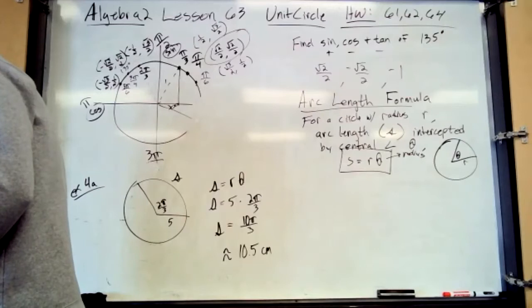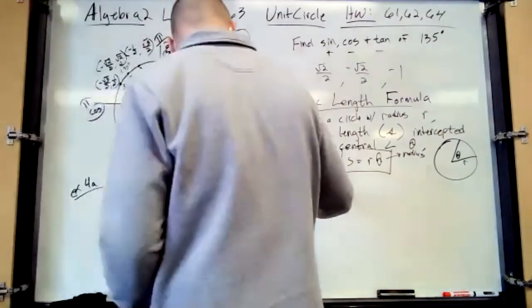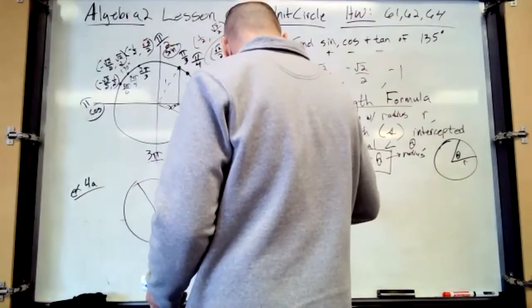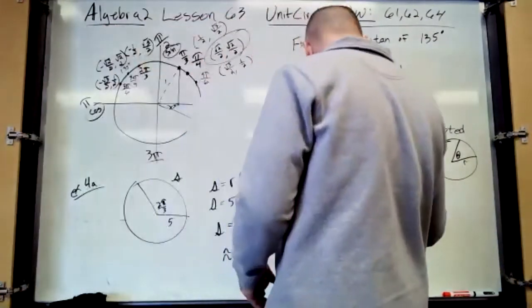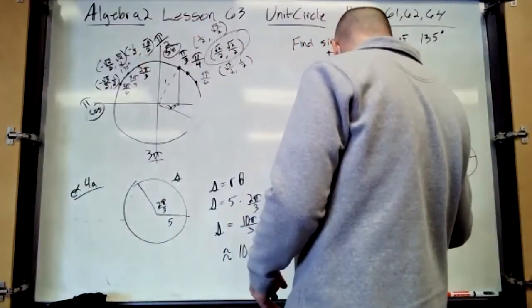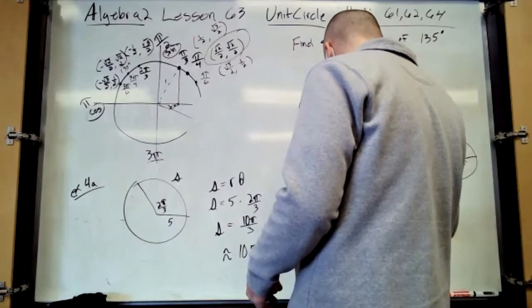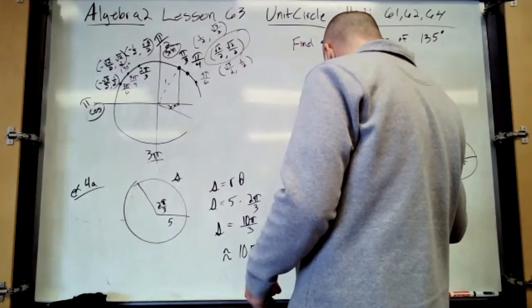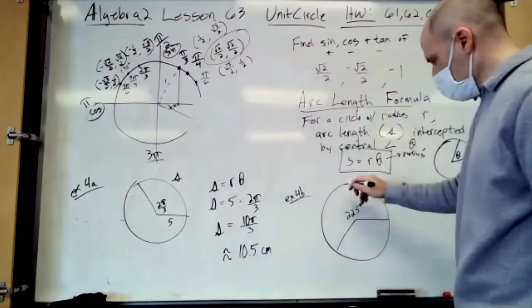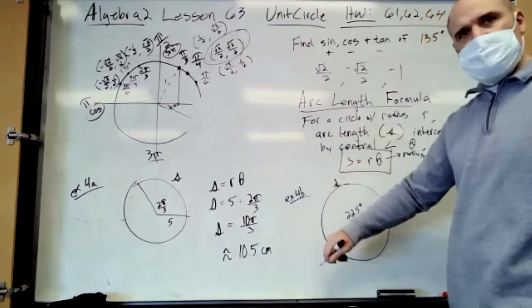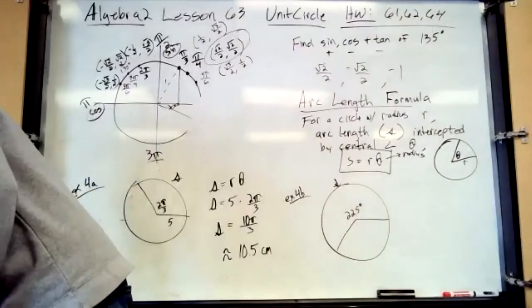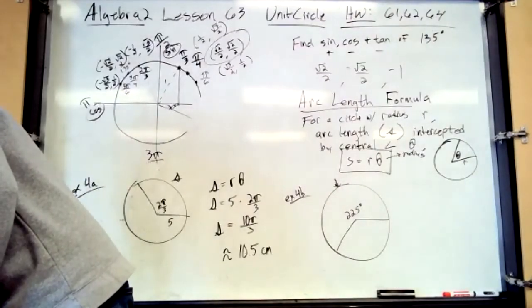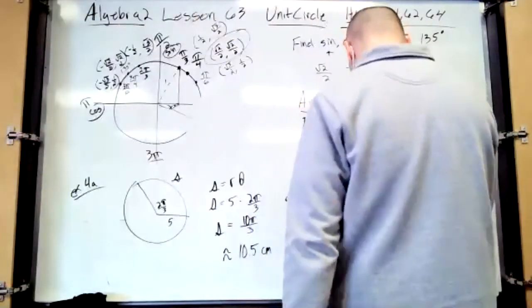Okay. All right, one more example. 4b. Let's find the arc measure or arc length of this guy. So first we have to do something. This is 225 degrees. So I want to find this major arc, okay? And the radius is 2.5 feet.